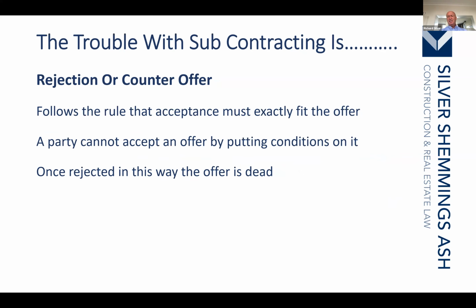Okay, as we're going to deal with in a moment, in order to create a contract, there must be an offer and an acceptance. But what more often happens is that there is not an acceptance, but there is a counteroffer. So let's go back to our example. The contractor sends out their invitation to tender, saying that the tender shall be submitted incorporating the main contractor's subcontract terms.